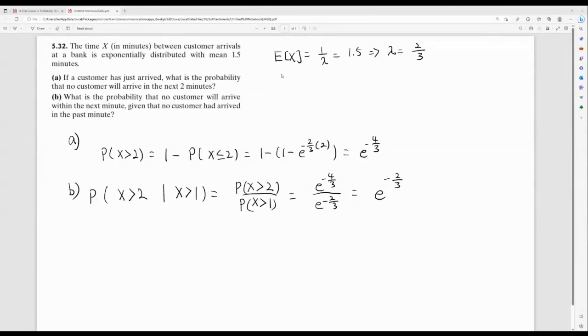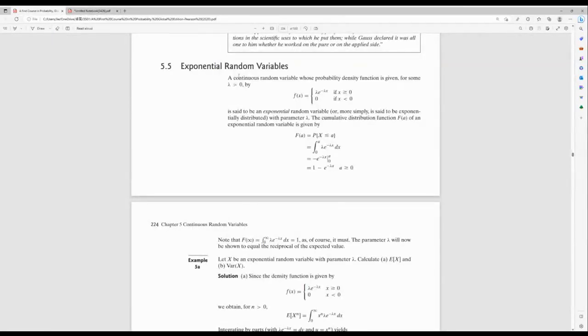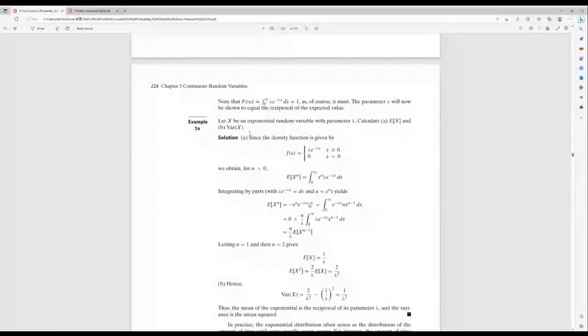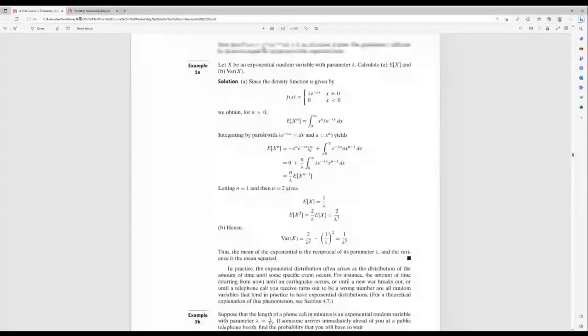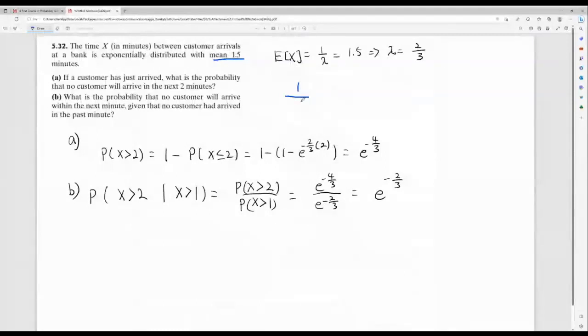Since we have mean 1.5, and for an exponential random variable the expected value is equal to 1 over lambda, 1 over lambda equals 1.5, which is 3 over 2.